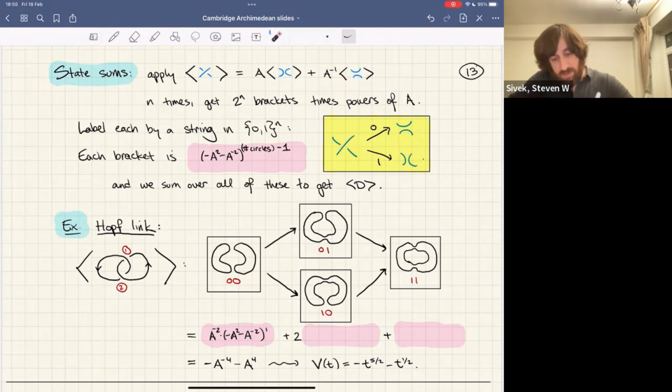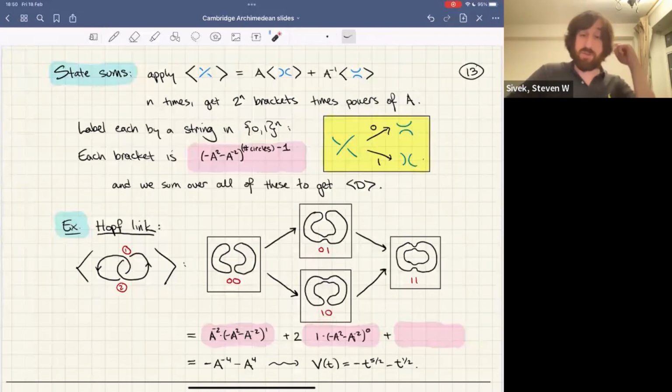Now we've got either a 0-1 resolution or a 1-0 resolution gives us this sort of croissant shape, I guess, where you've got 1 circle, and in doing a 0 resolution once and then a 1 resolution, we picked up a power of a inverse and then an a. Those cancel out, so we're just left with 1 times, well, minus a squared minus a to the minus 2 to the 0th power, because there's 1 circle. And both the 0-1 and 1-0 resolutions give us that.